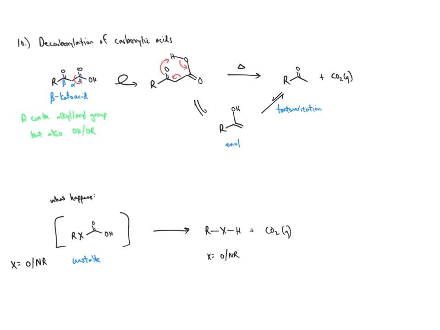And we've seen this already with the Hofmann rearrangement and the Curtius rearrangement. And so that kind of ends our discussion of nucleophilic acyl substitution. We now have 10 different named reactions that somehow involve this nucleophilic acyl substitution mechanism.